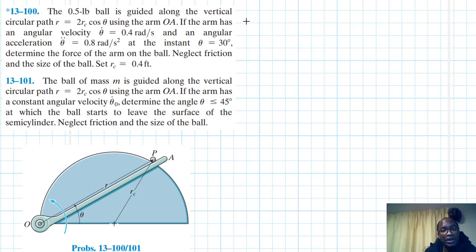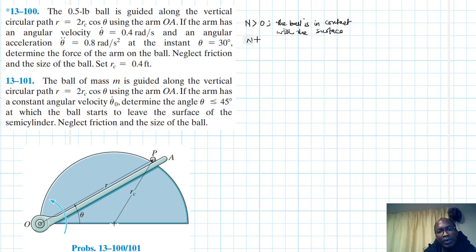We have three conditions for the normal force. When the normal force is greater than 0, this simply means the ball is in contact with the surface.